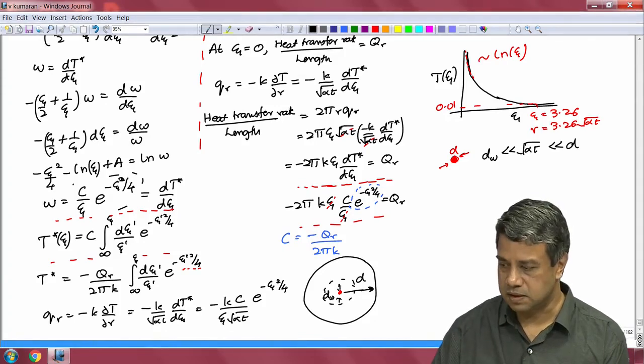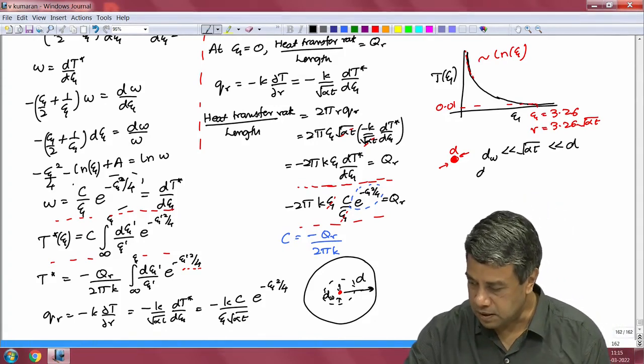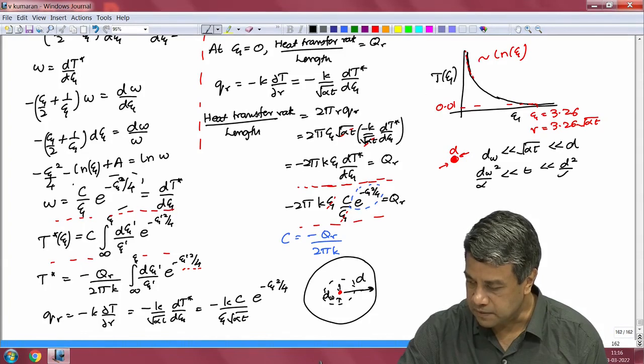I can use this condition when dw square by alpha is much less than t, which is much less than d square by alpha.